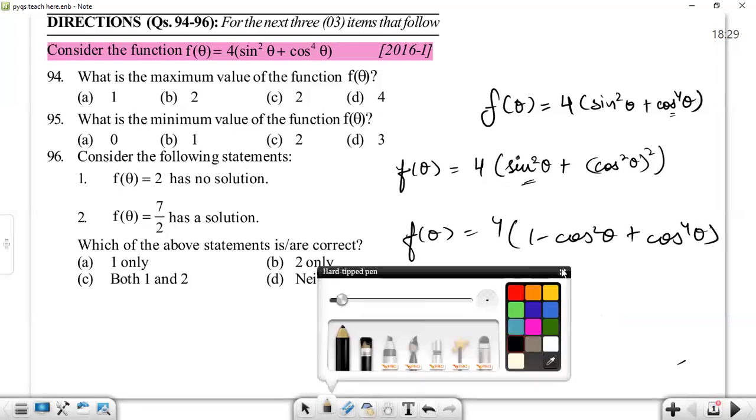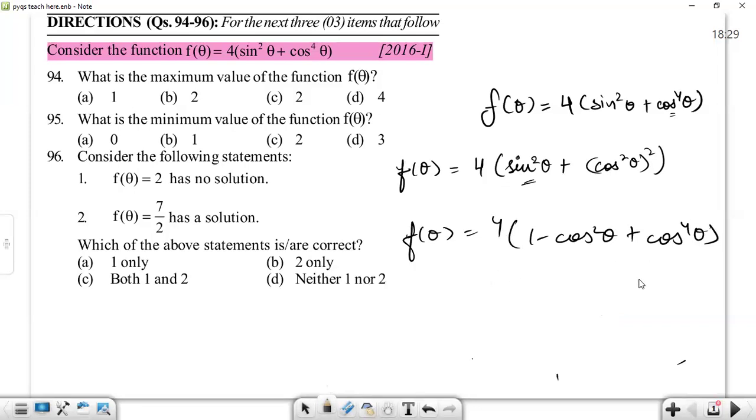Now, should we take the derivative of this function, because it is not very well known to us? If we want to simplify this function, how can we do so? One thing we can do is take cos square theta as k. Then it can be written as k square minus k plus 1, and further converted into a perfect square.